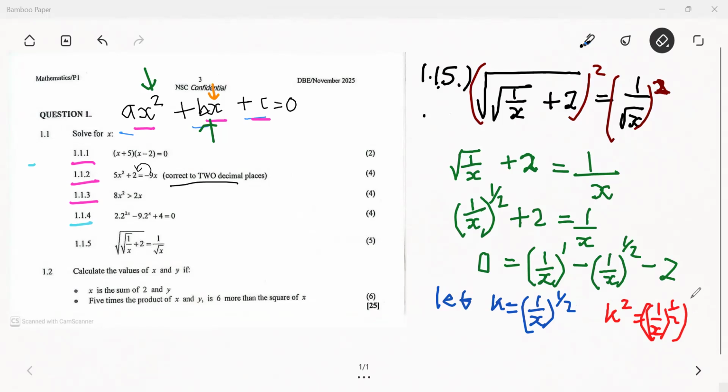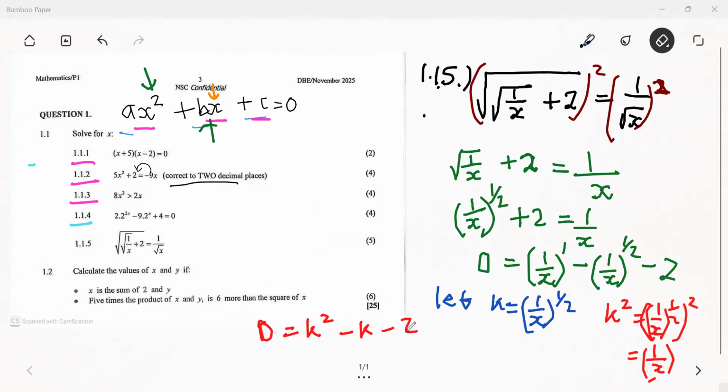When you raise a power to another exponent, you multiply the exponents. 2 times a half is 1. So that just becomes 1 over x, because 2 times a half is 1, and that becomes a power of 1. So then I get this quadratic: 0 is equal to, remember 1 over x to the power of 1, that's k squared, minus 1 over x to the power of a half, that's k, so minus k, minus 2.